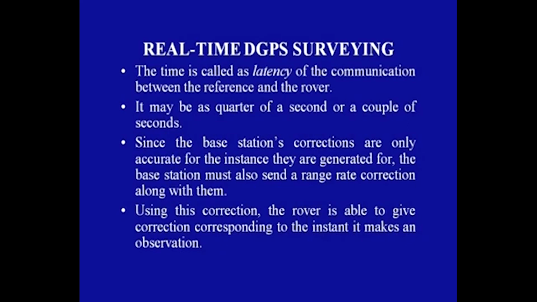It may be a quarter of a second or a couple of seconds. Since the base station corrections are only accurate for the instant they are generated for, the base station must also send a range rate correction along with them. Using this correction, the rover is able to give a correction corresponding to the instant it makes an observation.